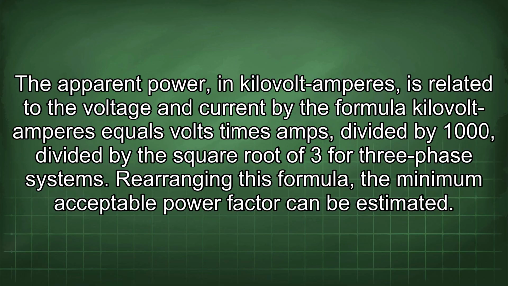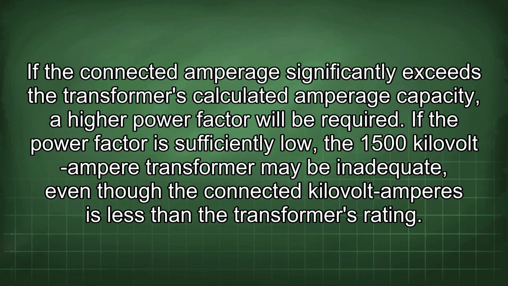Rearranging this formula, the minimum acceptable power factor can be estimated. If the connected amperage significantly exceeds the transformer's calculated amperage capacity, a higher power factor will be required. If the power factor is sufficiently low, the 1500 kilovolt-ampere transformer may be inadequate, even though the connected kilovolt-amperes is less than the transformer's rating.